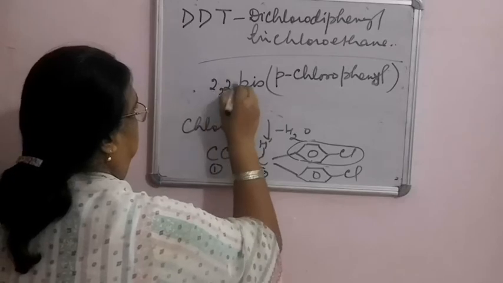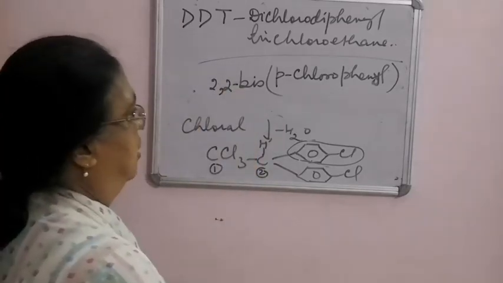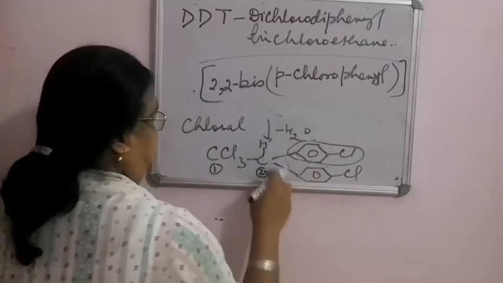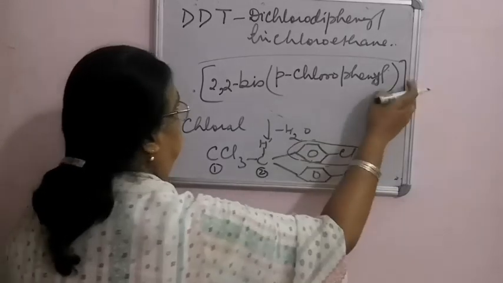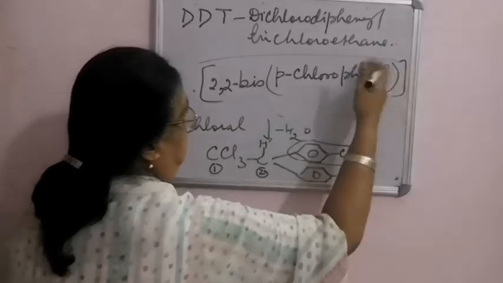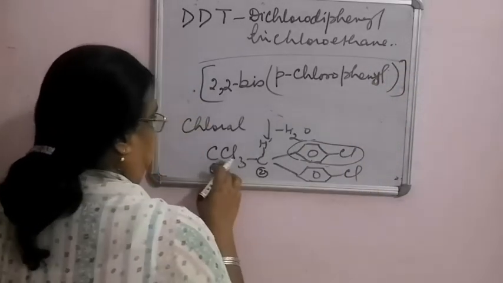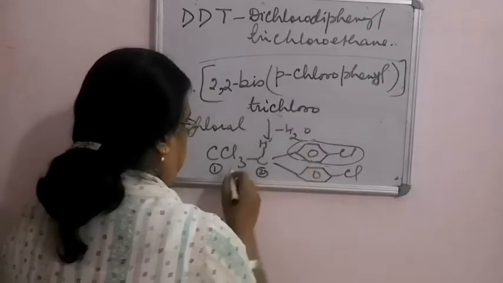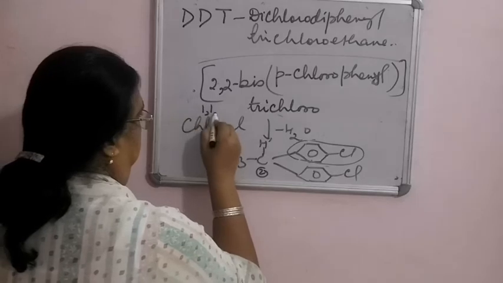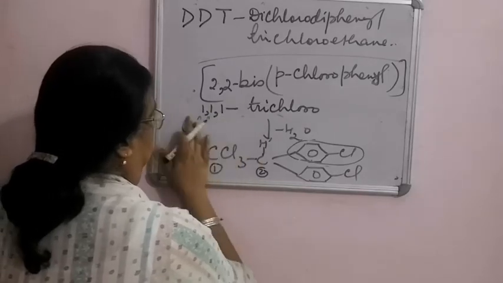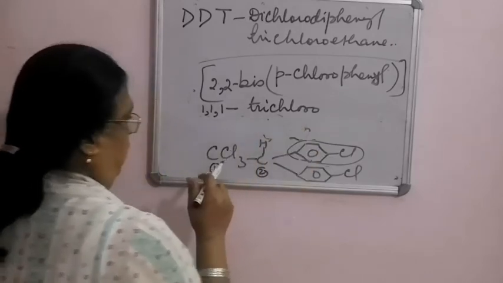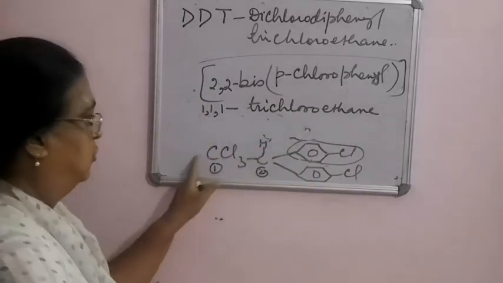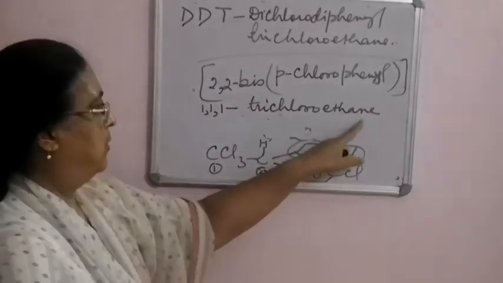So 2,2 bis parachlorophenyl. And this is your substituent, so after that this is the suffix, so prefix. After this what will we write? Trichloro. And this trichloro is at what? 1, 1, 1. Again you see 1, 2, 2 carbon, root word is ethane, single bond in.